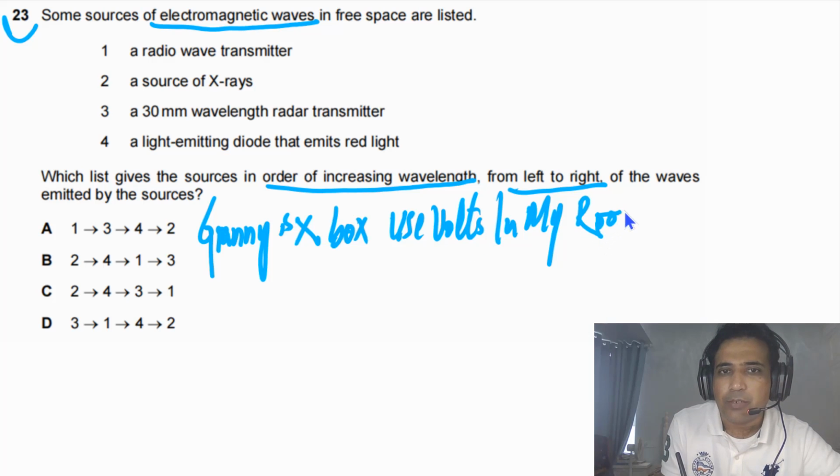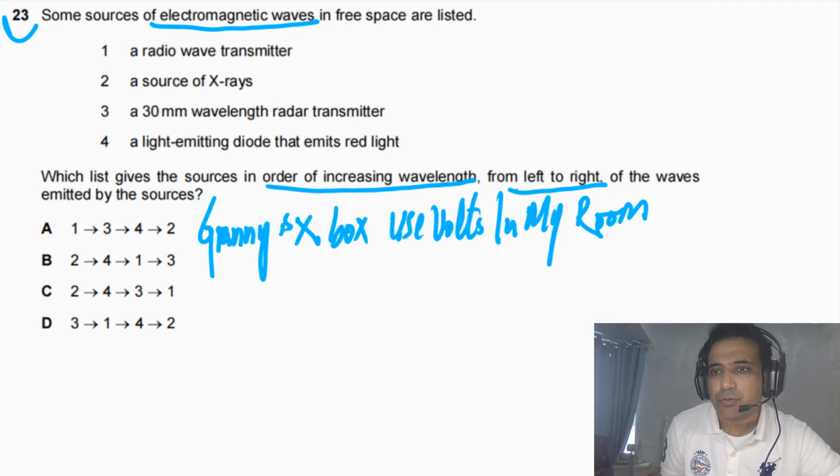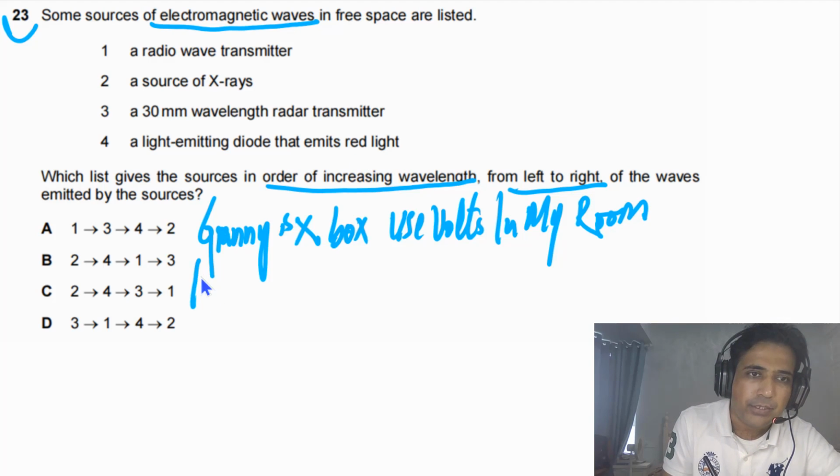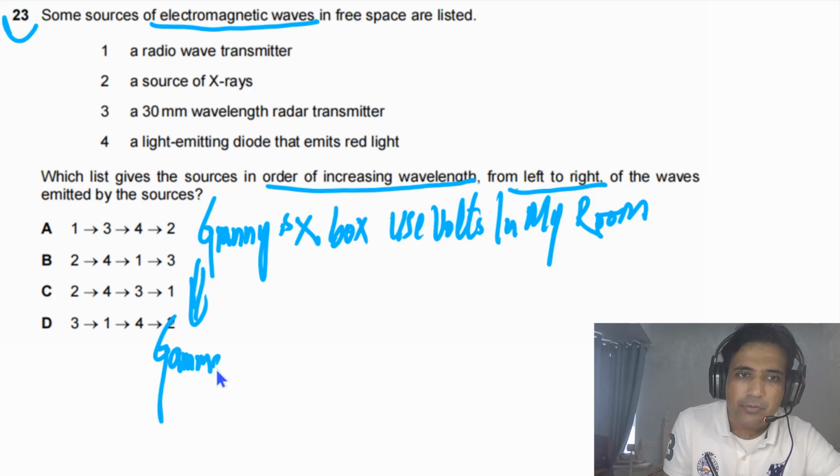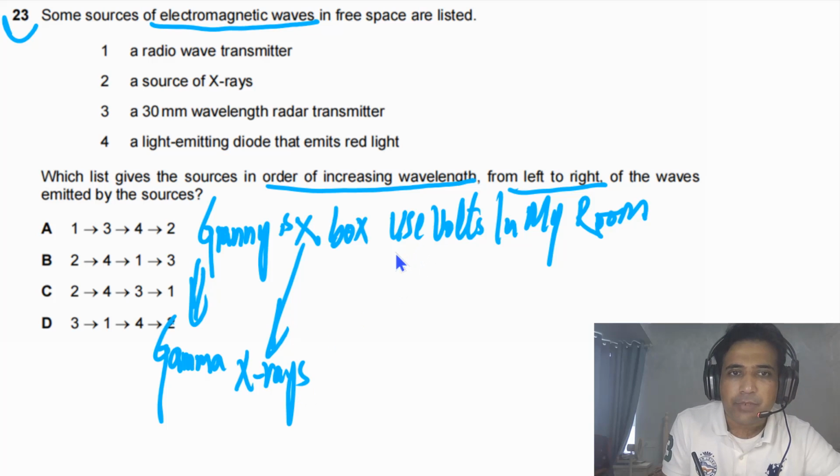So G is for gamma, these are gamma radiations, X for X-rays, U for UV light, and V for visible light.